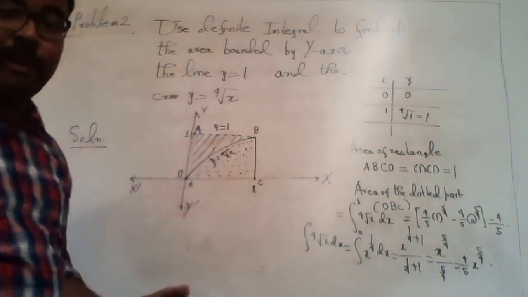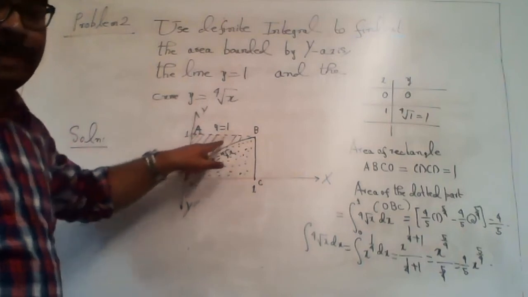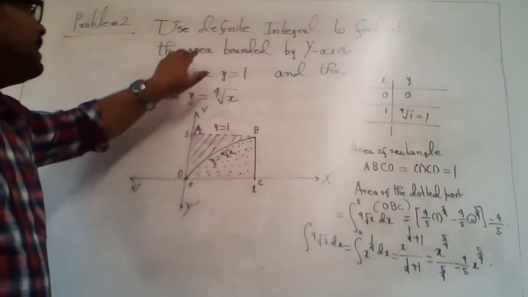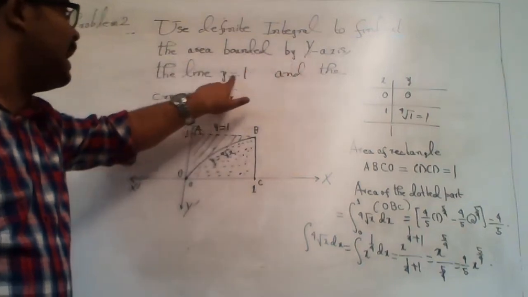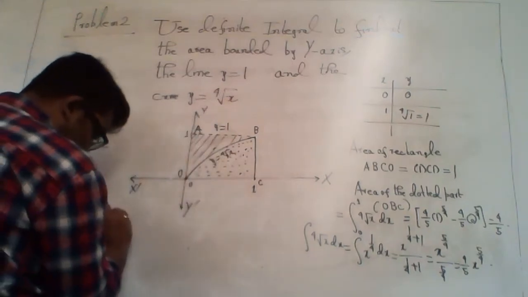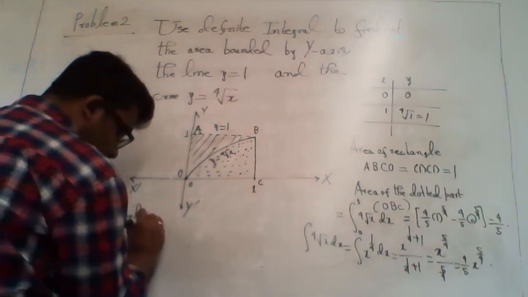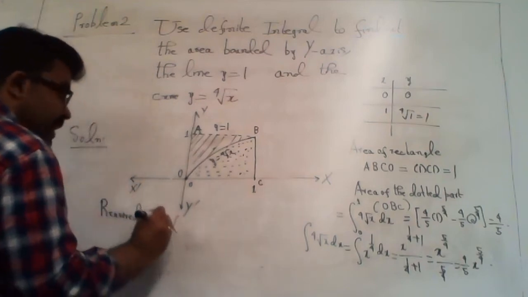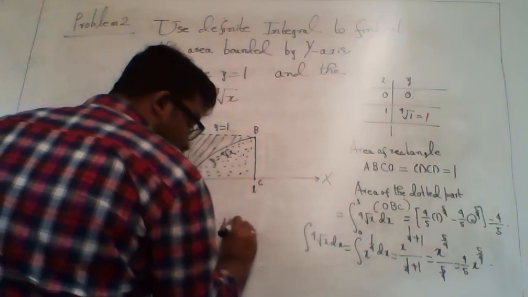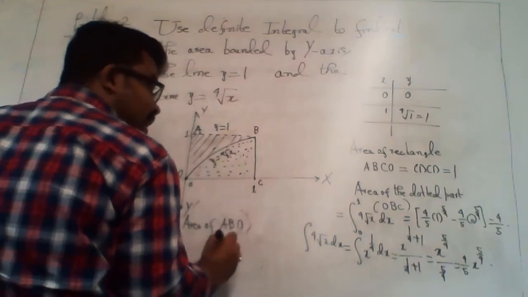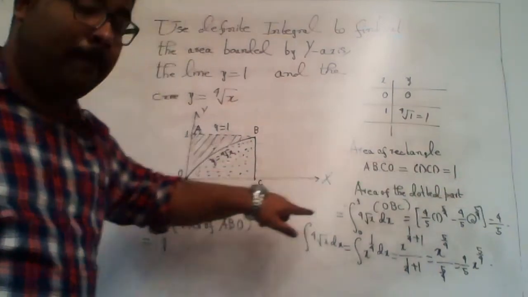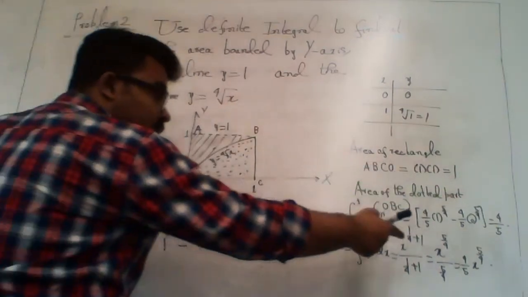But what I need is this lined area, right? I need the area of ABO, because that is the area bounded by the y-axis, the line y equals 1, and this curve. So the required area, that is the area of ABO, will just be the total area, the area of the rectangle, which is 1, minus the area of the dotted part, which is 4 over 5.